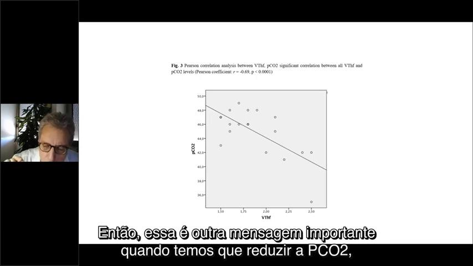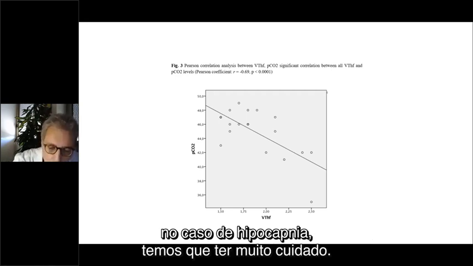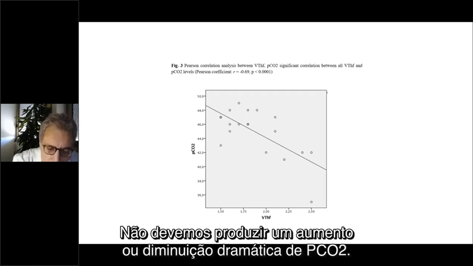When we have to reduce the PCO2 in case of hypercapnia, or when we have to increase PCO2 in case of hypocapnia, we have to be very careful. We have to not produce a dramatic increase or decrease of PCO2.